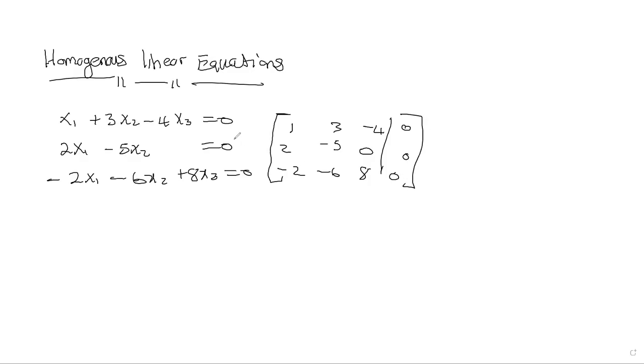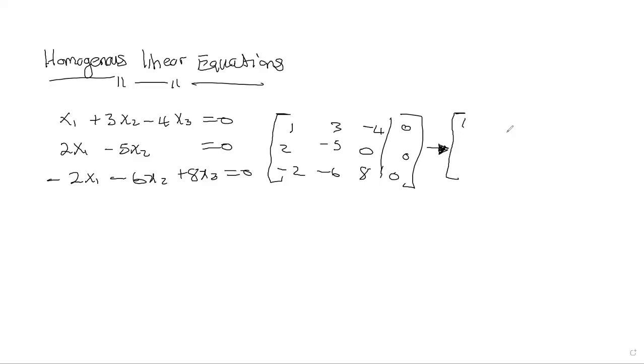One thing with homogeneous equations, you see the answers this side, they are always 0. And whatever row operation you do, this side will never change. It will always be 0.